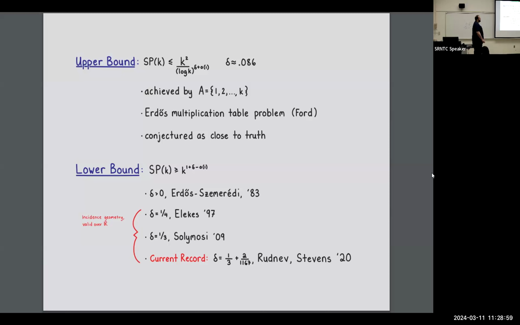So then the question becomes, how many products does it have? And my students really liked this part because then it becomes kind of a question you could explain to a fourth grader, because it is a multiplication table. It is how many numbers can be written as a number between 1 and k times another number between 1 and k.